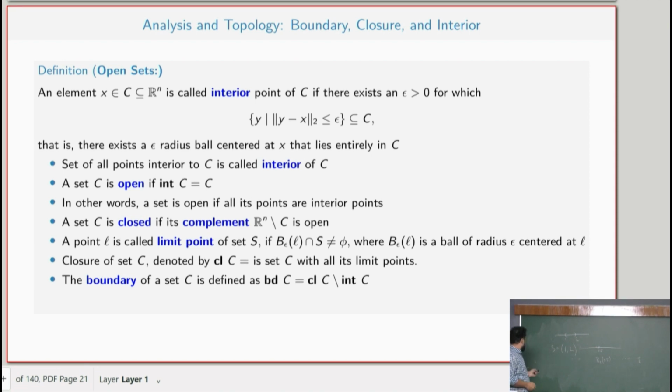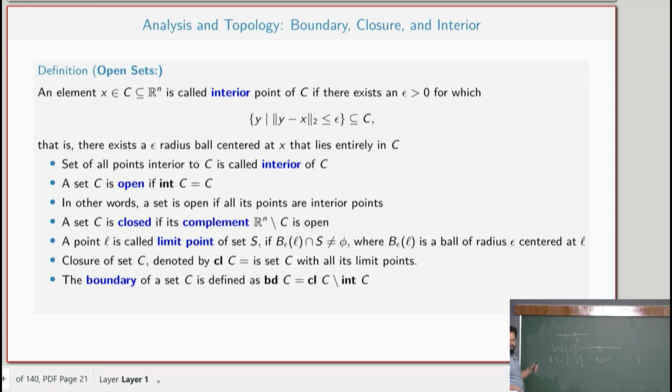But 1 and 2 are still limit points, and all other points in between 1 and 2 are limit points because of the denseness of the interval. The only difficulty is that 1 and 2, being limit points, are not part of the set. So if I have to take the closure of S, I will add 1 and 2, because those are the only limit points missing, and then it becomes the closed interval [1, 2]. So the closure of this set S becomes the closed interval [1, 2].